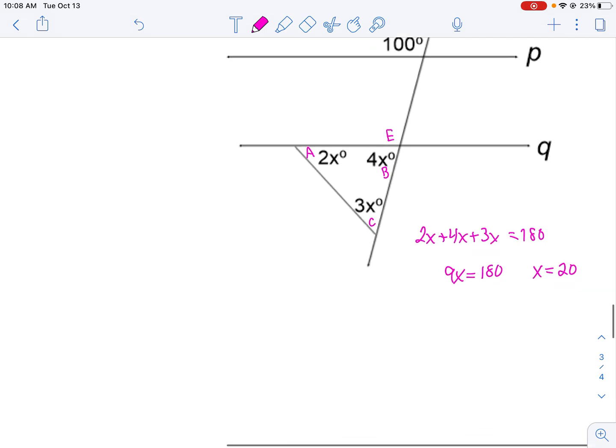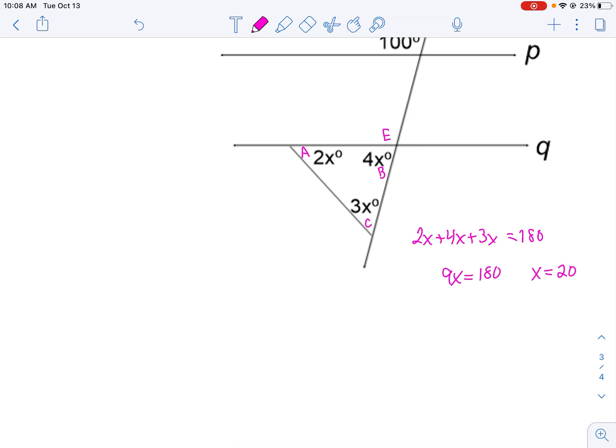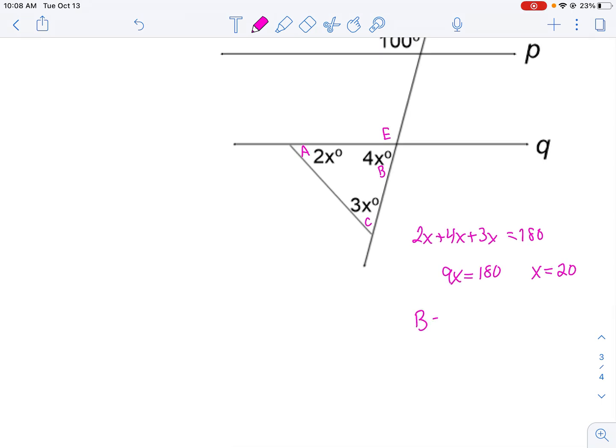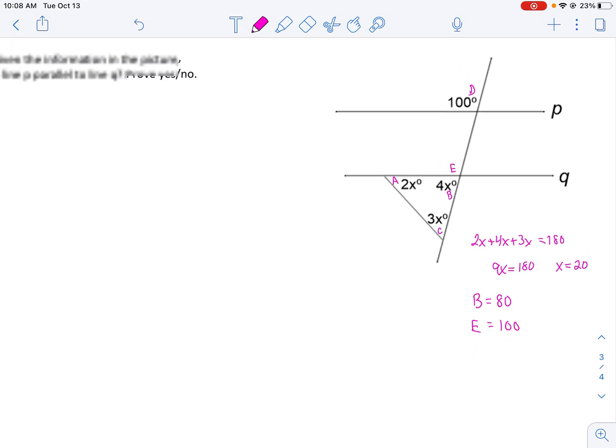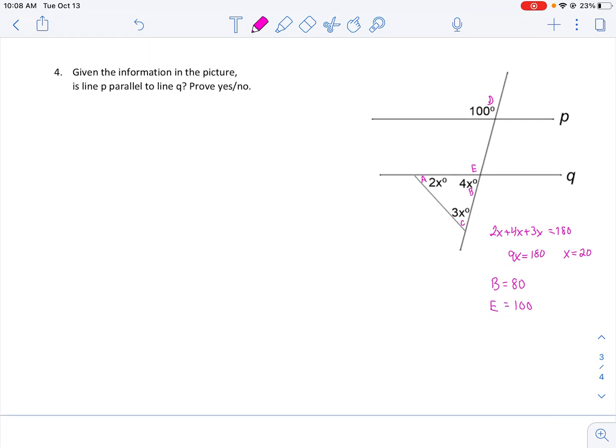Once we know x equals 20, we can find angle B by substituting 4 times 20, so 80. Once we know B, we can find E right here, because those are a linear pair, so they have to add up to 180, so E must be 100. And then right there, we showed that D and E are congruent, and those are corresponding angles, and therefore we have shown that corresponding angles are congruent, and now that proves that the two lines are parallel.